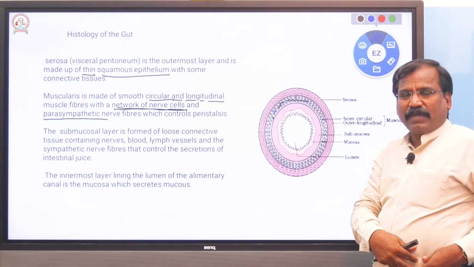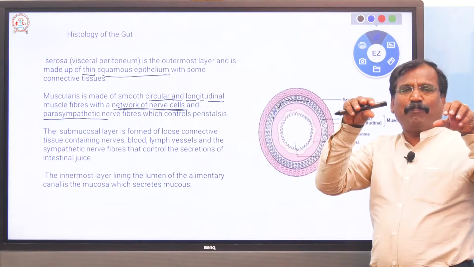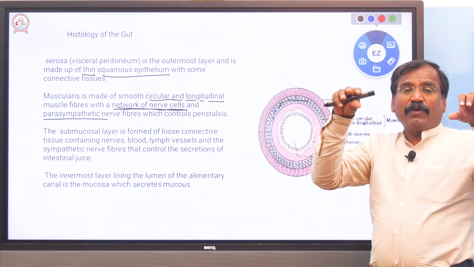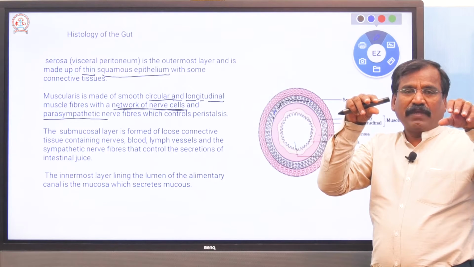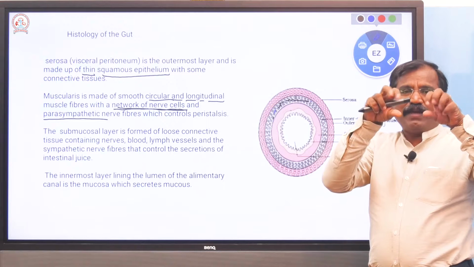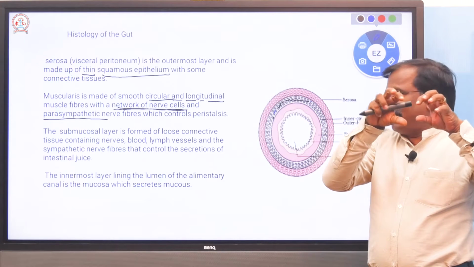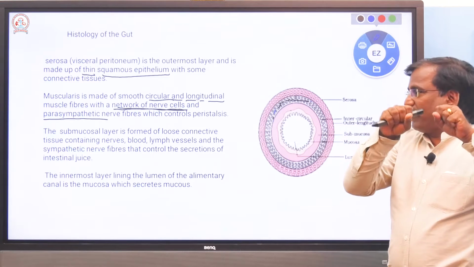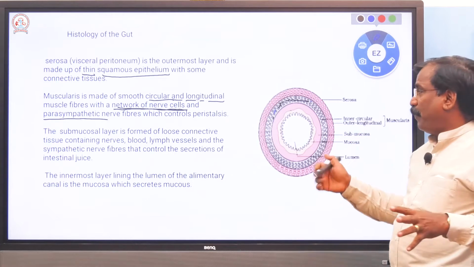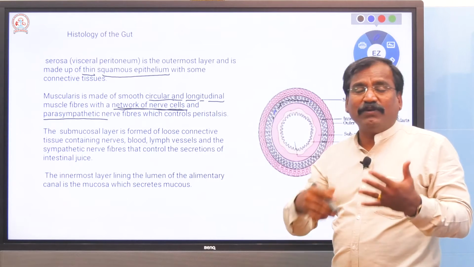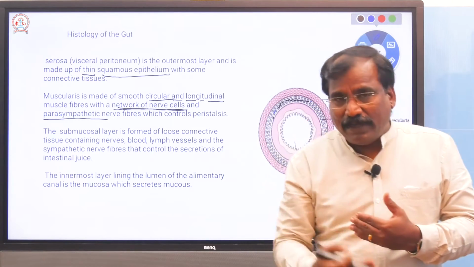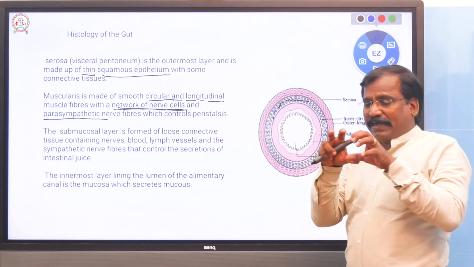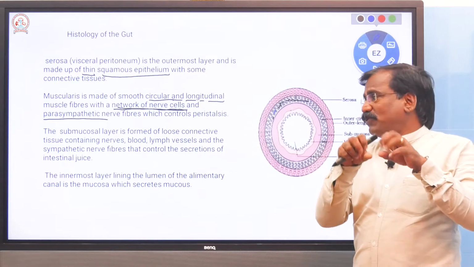The intestine is not just a pipe that remains open or dilated always. It contracts and relaxes, functioning like the heart. Without the longitudinal and circular muscles, contraction and relaxation of the intestine is impossible.